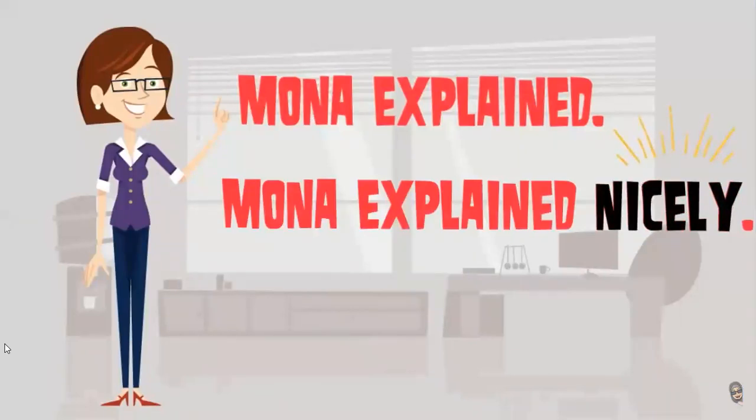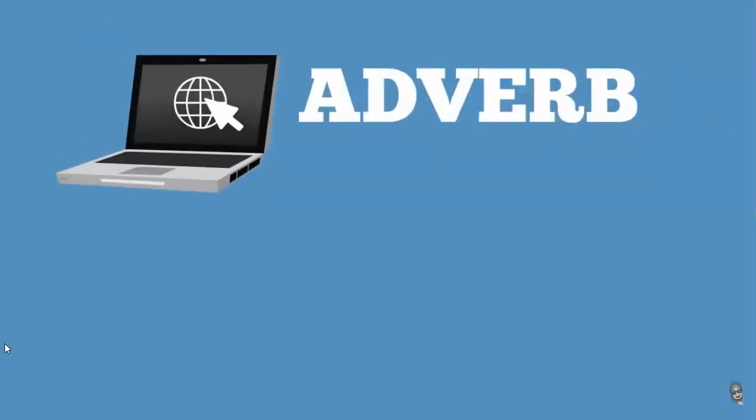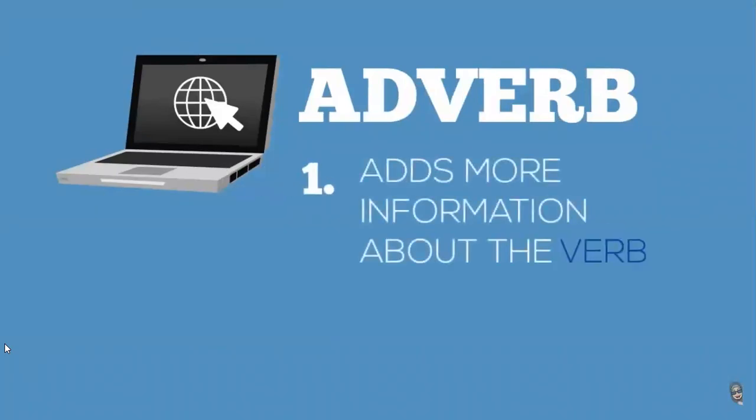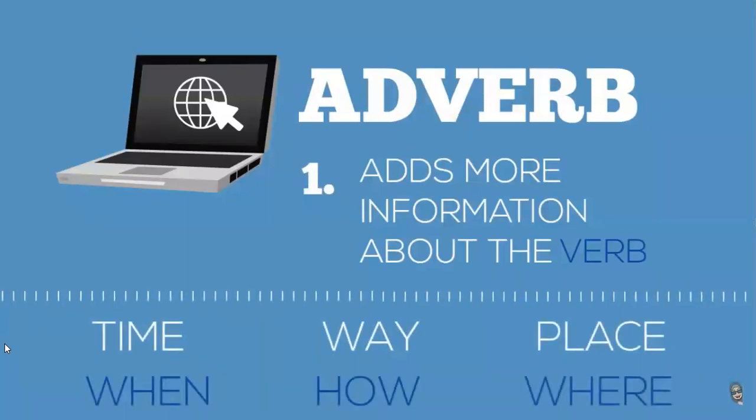Nicely is an adverb. You can also say Mona explained badly. Adverb adds more information about the verb, the action, time, way, place, when it happens, how it happens, and where.